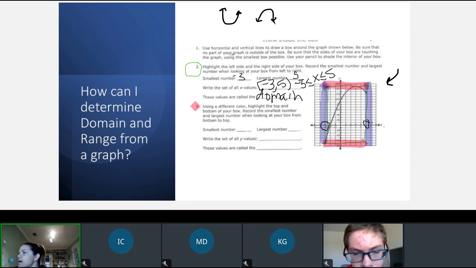It's the highest or lowest value. But then over here, my highest value isn't actually where this endpoint is. It's actually up here, which is why we boxed it in. So my smallest number is down here at this line, which is -70. And my largest number is right here, which would be 150.